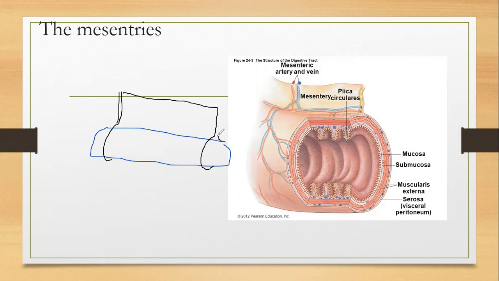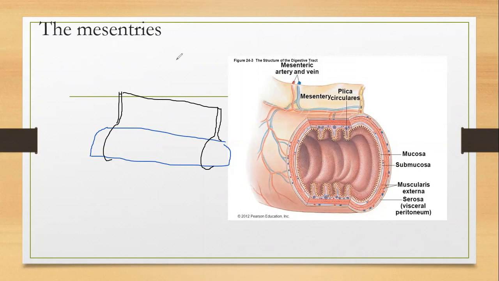So now you have an area with a double layer here, and then you have a single layer of membrane surrounding the pin, and this is what we have here. So you have your serosal membrane here. It rolls around your GIT to the other end, and then it comes and flattens against the same sheet of membrane.